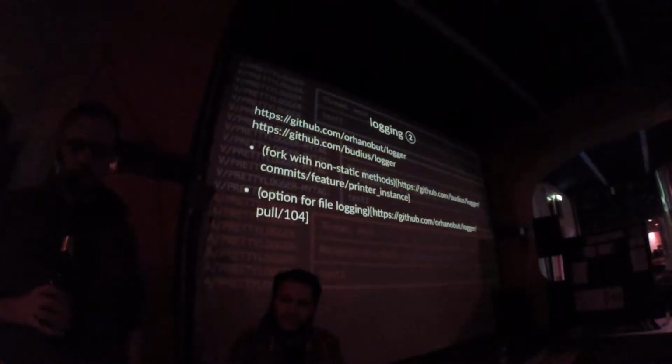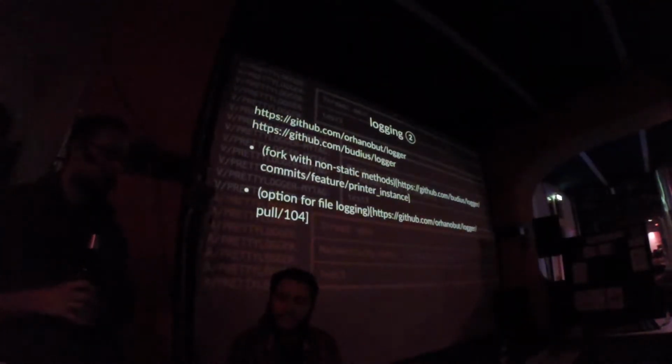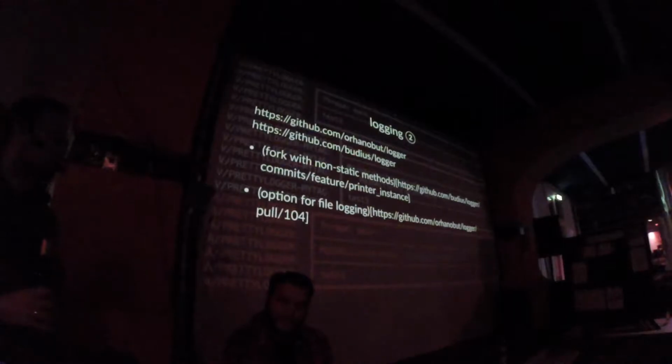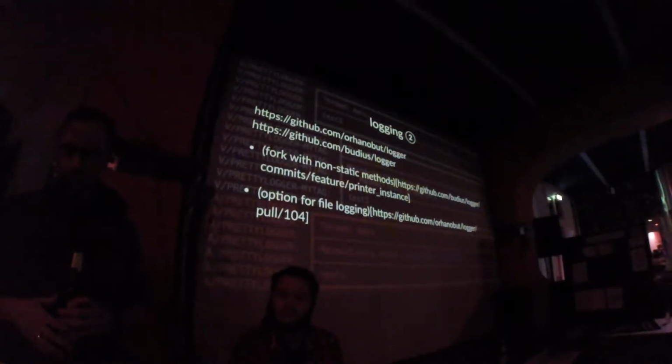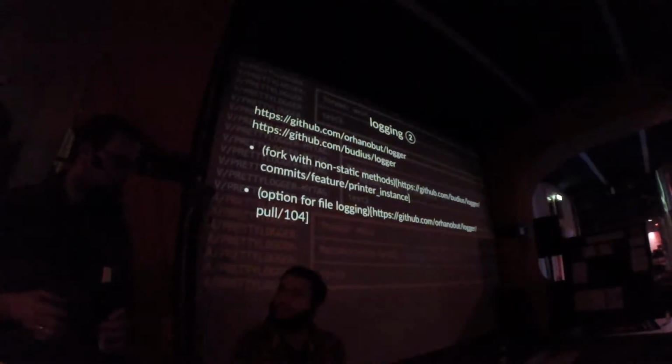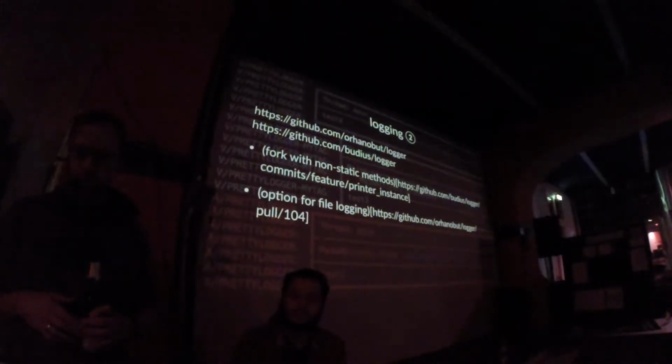Ronaldo recently switched to this very nice logger library, and we forked it, or he forked it, so that it works better in our SDK, to not be too verbose unless you want it. So there's a fork, and hopefully it's all merged, so we'll see.